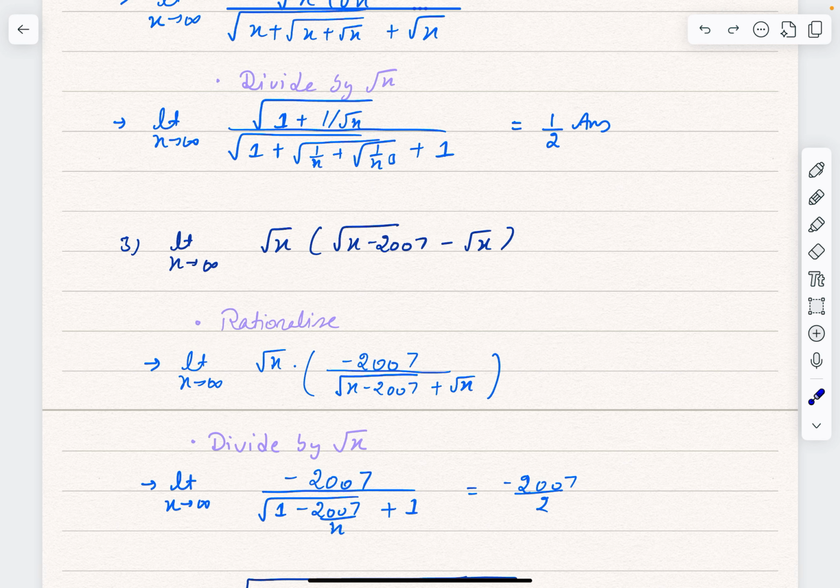Here also we have root x. Now divide by root x both sides, we get minus 2007 by square root of 1 minus 2007 by x plus 1. So this thing will become 0. We get minus 2007 by 2. I hope it is clear, guys. Next.